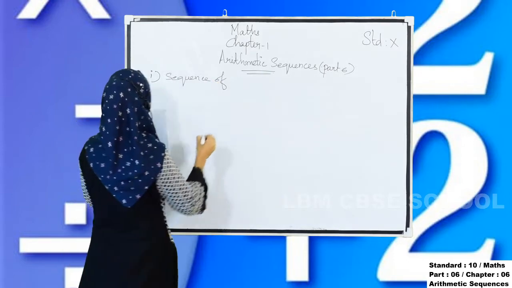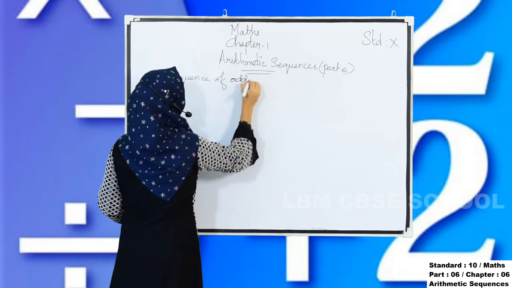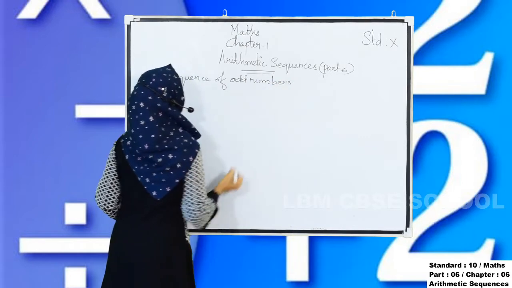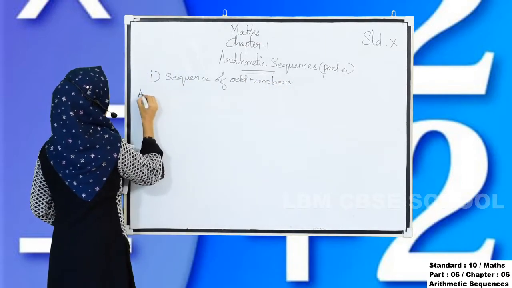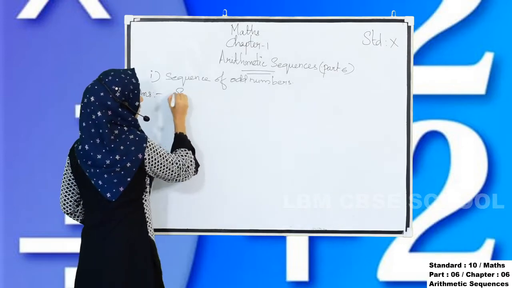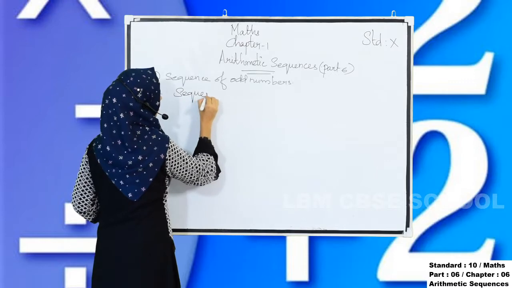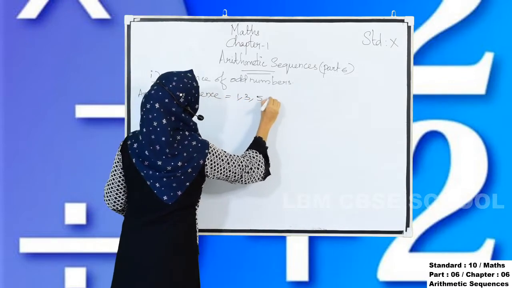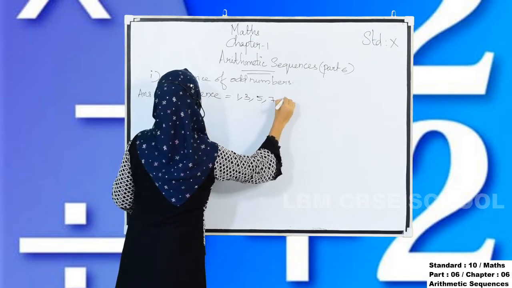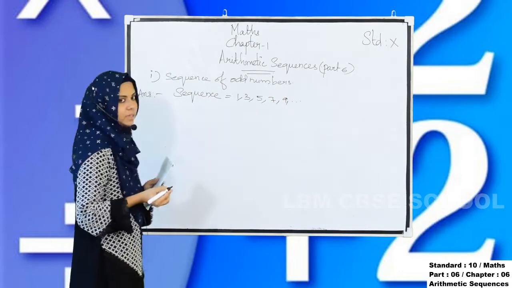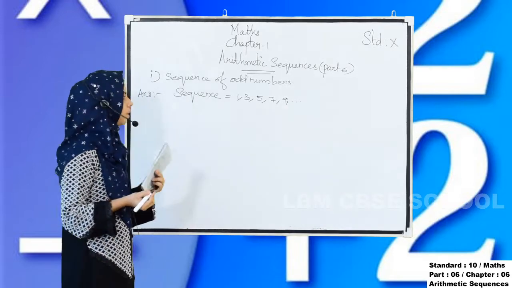Sequence of odd numbers. Answer. What is the sequence of odd numbers? That we already know. The sequence 1, 3, 5, 7, 9, etc. And then we want to check whether it is an arithmetic sequence or not.